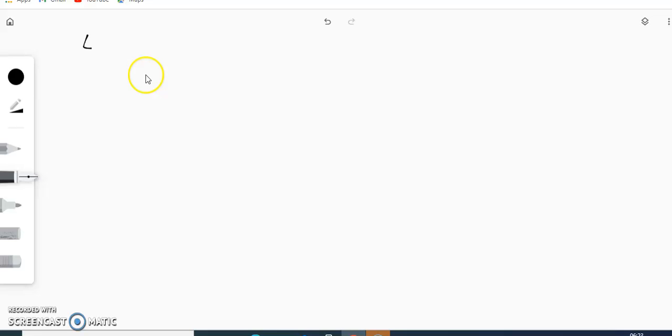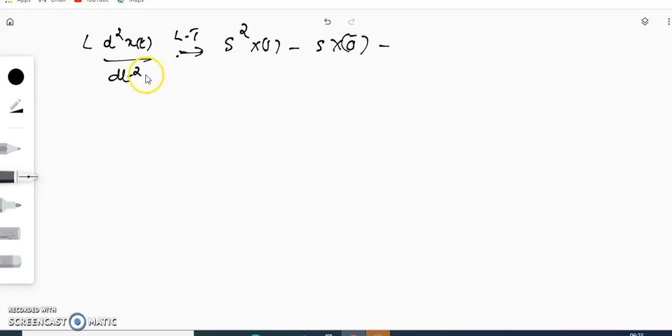Similarly, if it is d square x of t divided by dt square, its Laplace transform will be equal to s square into x of s minus s into x of 0 minus d by dt of x of 0 minus, and it goes on like that.